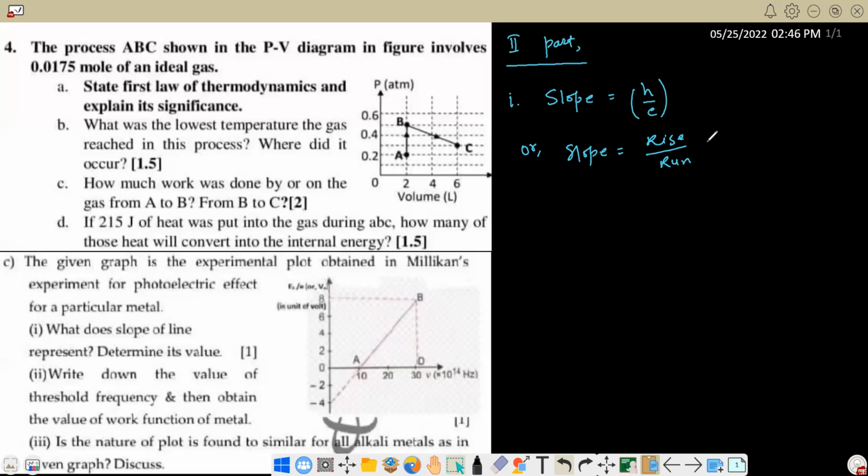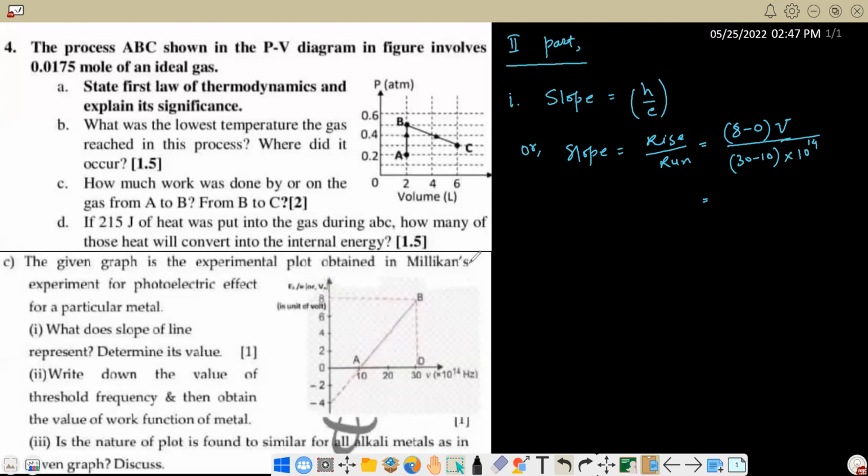Fine, so this is 8 minus 0 volt, divided by the run, which is from 10 to 30, that means 30 minus 10, and its unit is given in 10^14 Hz. So this is going to be this much volt per Hz. This is the slope of this line.